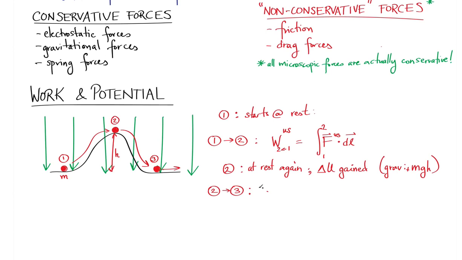So now there'll be some work done by the field, by gravity, going from 2 to 3, which I'll write like this, 2 to 3. And this is the force of gravity dot dl.